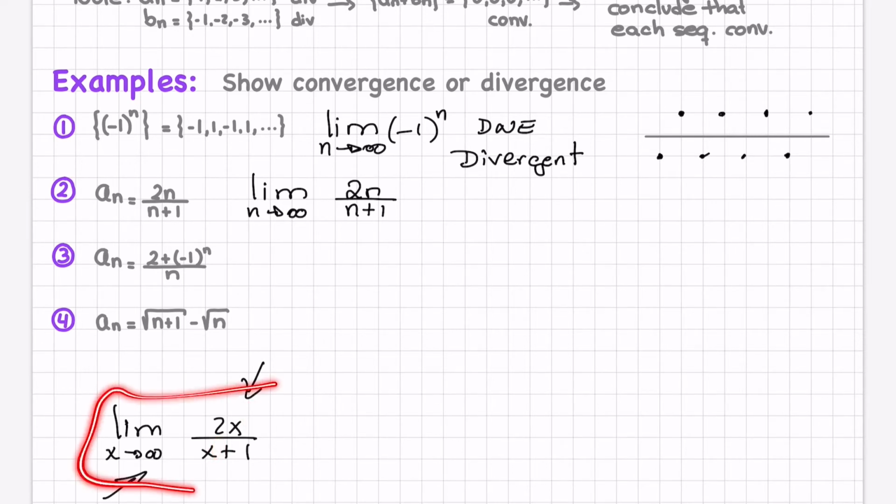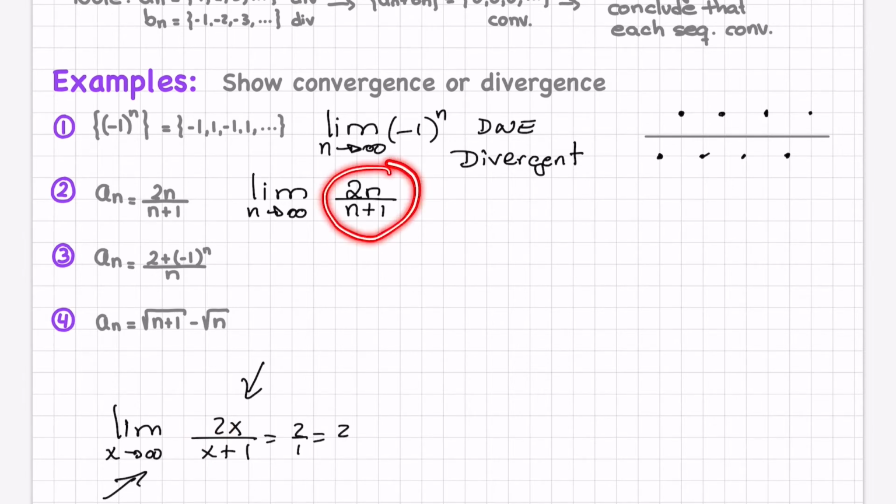Remember, if you have the same degree, the limit is the quotient of the coefficients. So the limit here is 2 over 1, which is 2. So you're going to do the same here. Same degree, the limit is going to be 2.